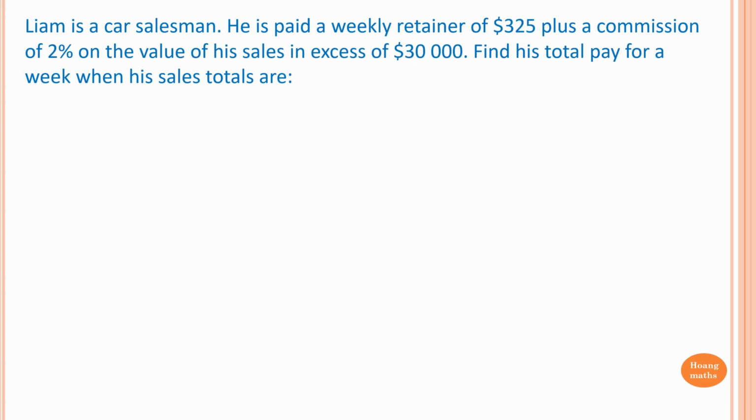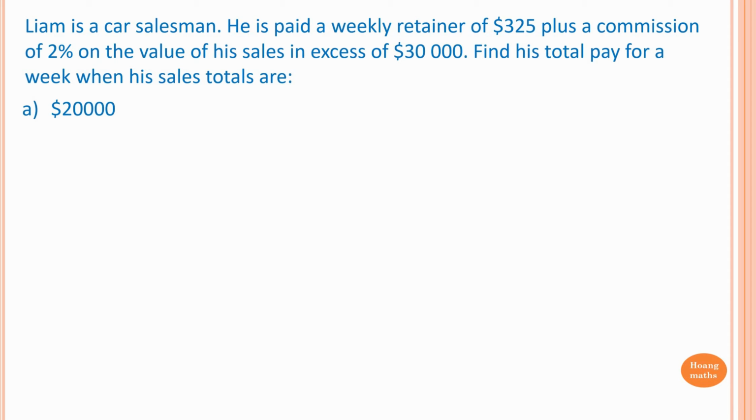Next one. Liam is a car salesman. He is paid a weekly retainer of $325 plus a commission of 2% on the value of his sales in excess of $30,000. Find his total pay for a week when his sales total are: Part A, $20,000.